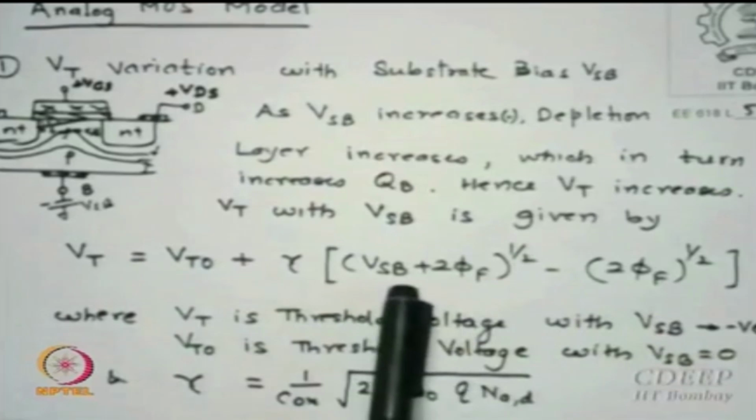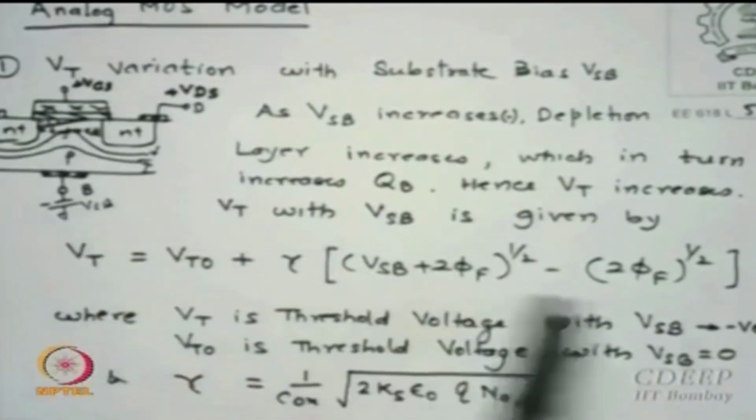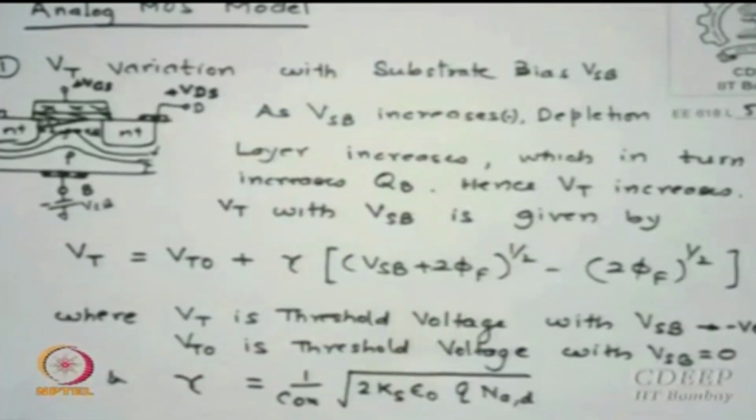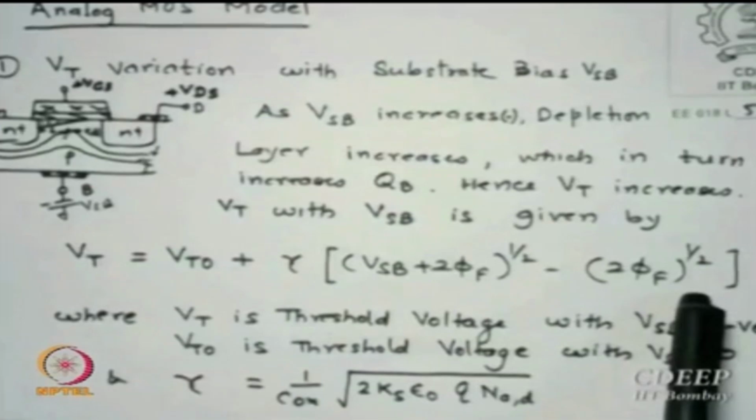So what is now the surface potential? VSB plus 2 phi f, because earlier it was only 2 phi f, now there is a minus VSB on that, that is plus for reverse. So VSB plus 2 phi f is the potential now. So psi s is now becoming VSB plus 2 phi f to the power half, the under-root expression we know, minus the same without the VSB.